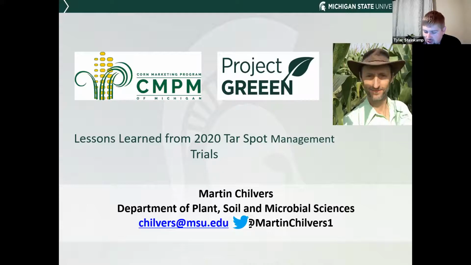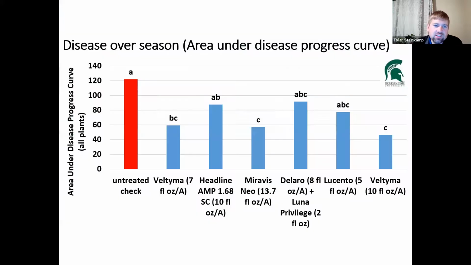Okay, so first of all, when you start looking at the fungicides themselves, these newer, longer lasting fungicides do tend to do better than the not as long lasting. Now, this is an area under the disease curve here. So basically what this is showing, the lower the bar on this chart, the less the disease in the field.